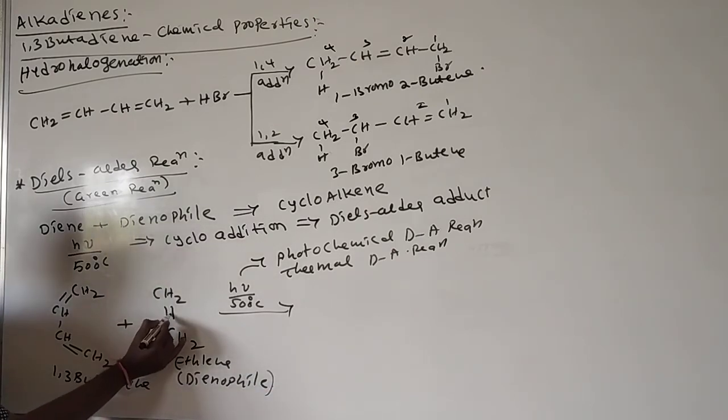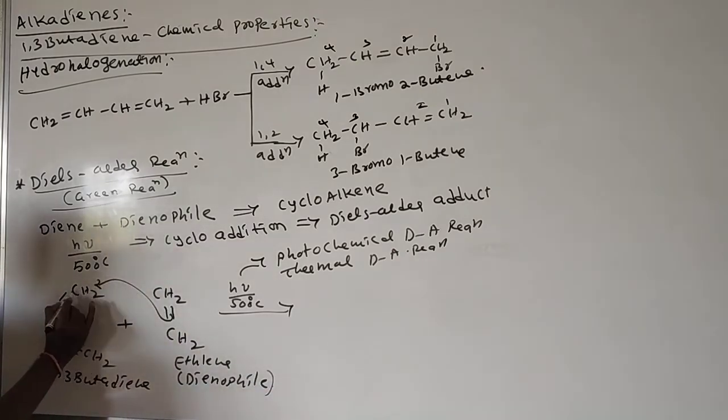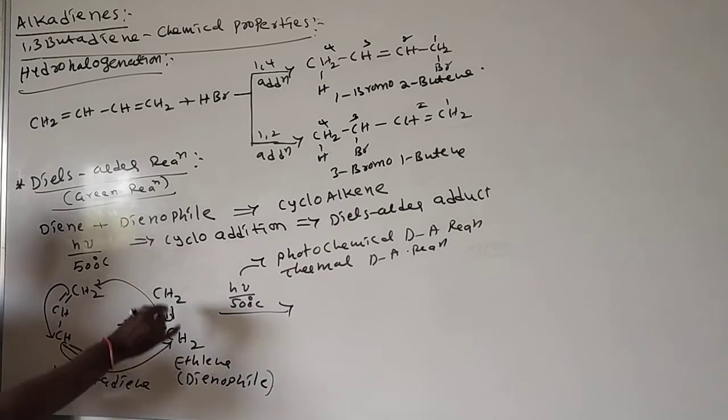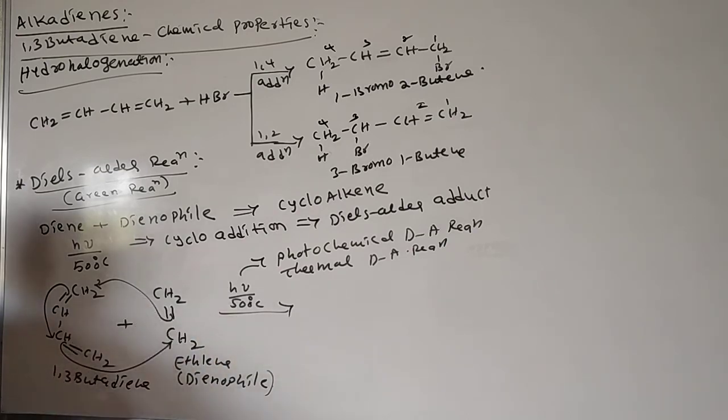See, the pi electron transfers towards one carbon of 1,3-butadiene, then towards the next carbon of the diene.